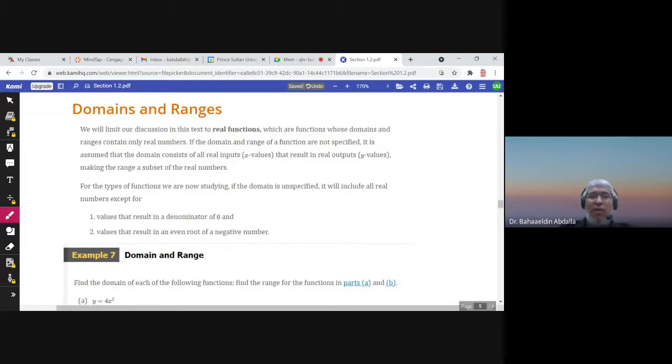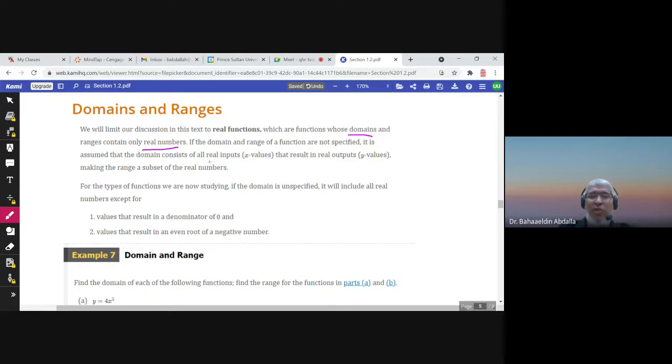Well, we will always talk here about real functions, functions whose domains are real numbers, or subsets of real numbers.